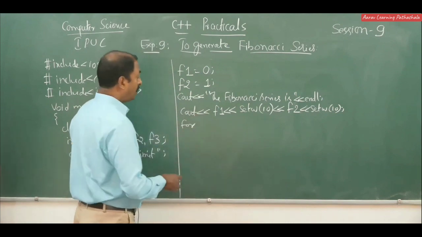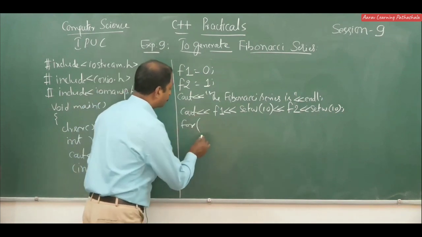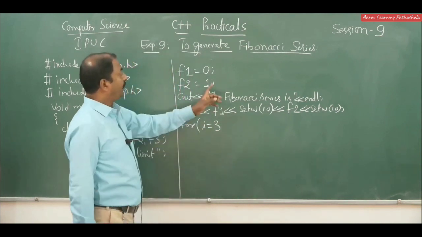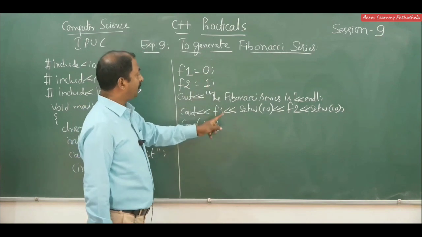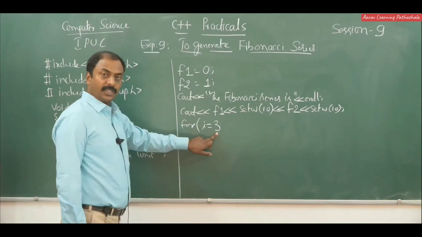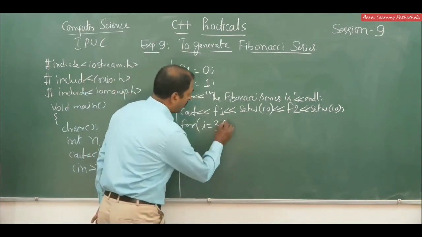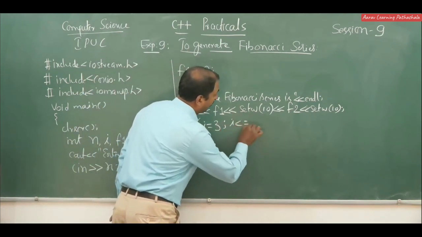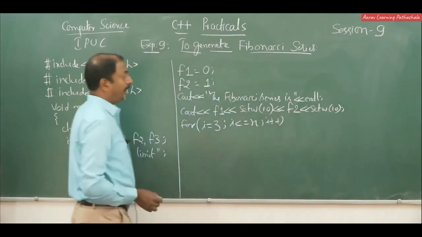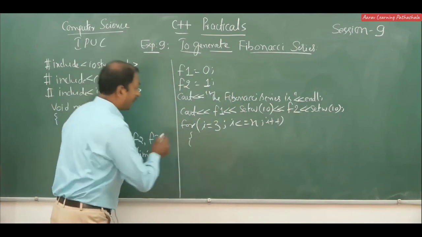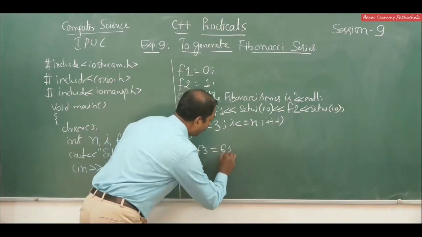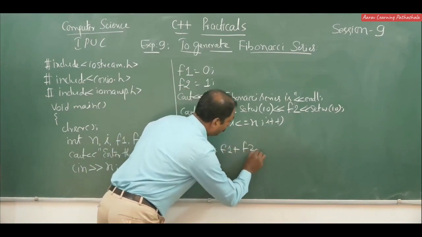Now the for loop: for i equals 3, the third term. We have printed the first and second terms, f1 and f2. Now we have to start printing from term 3. So i equals 3 semicolon, i less than or equal to n, this is the limit, and i plus plus. Open the bracket here, f3, the third term, equals f1 plus f2.